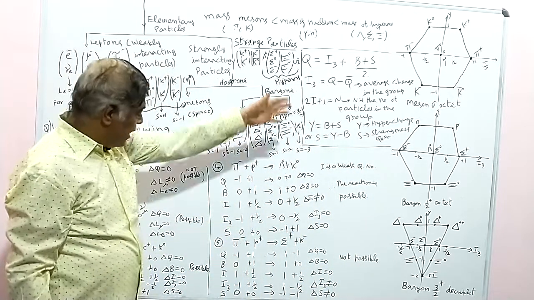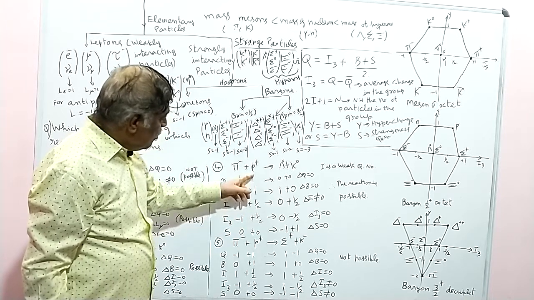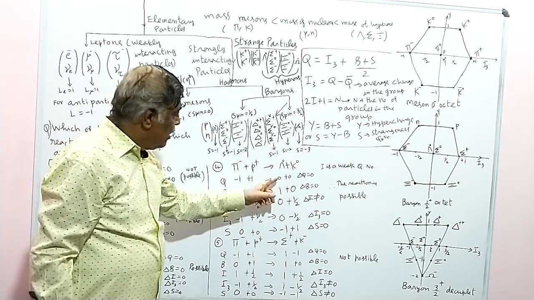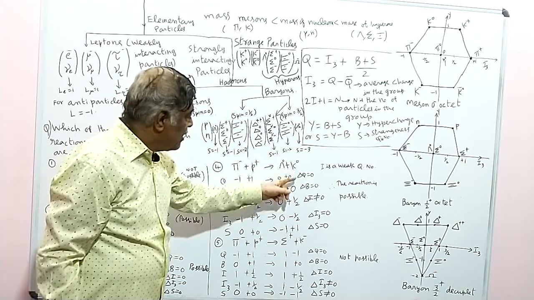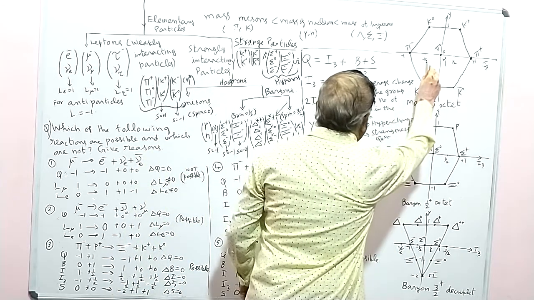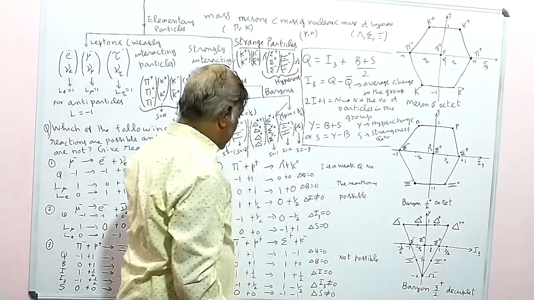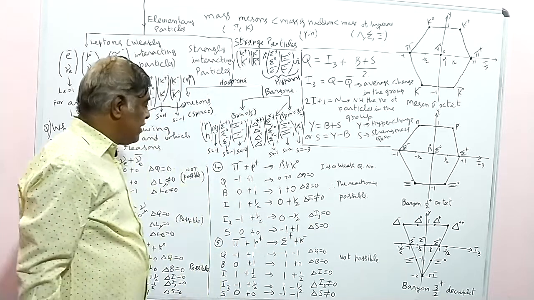So from this diagram also you can write down the I3 values. Minus 1 for pi minus, for p it is a half, lambda 0 is 0, and k 0 has the value minus half. So on the right side and left side, both are equal, delta I3 is 0.